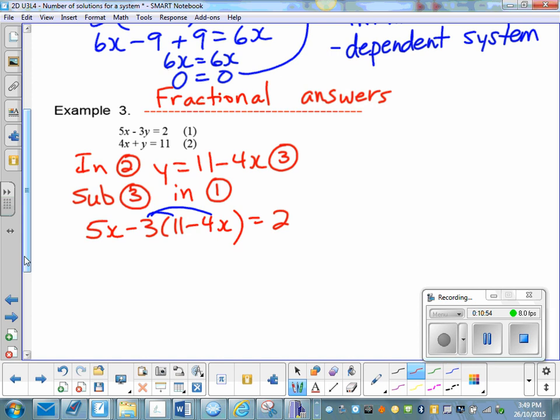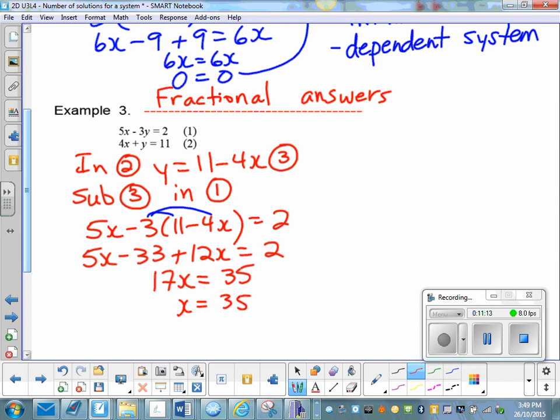I expand the bracket. 5x minus 33 plus 12x equals 2. So I end up with 17x equals 35 when I collect the like terms together. So now I divide 17 on the other side. So x is equal to 35 over 17.